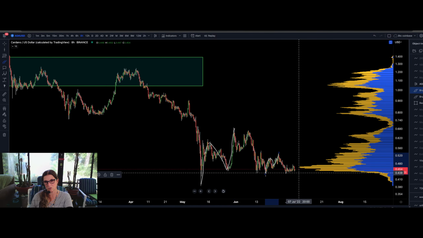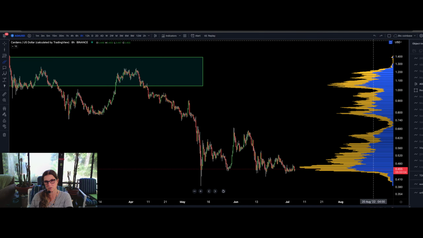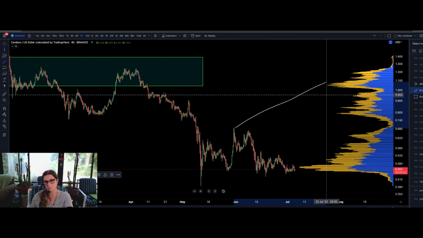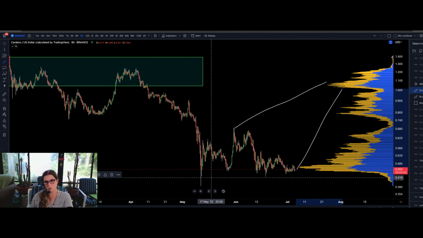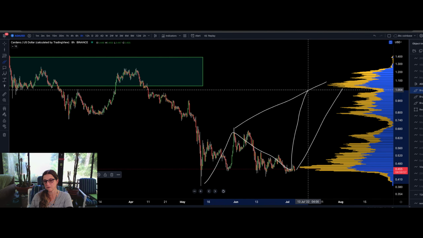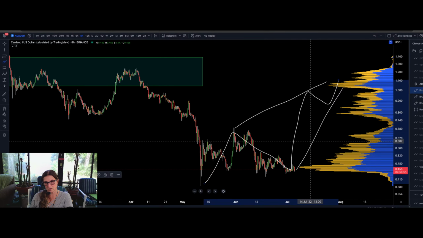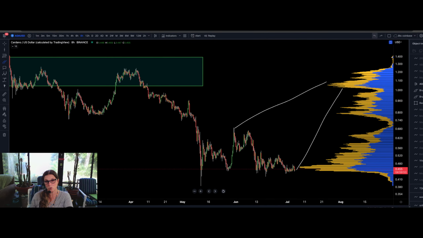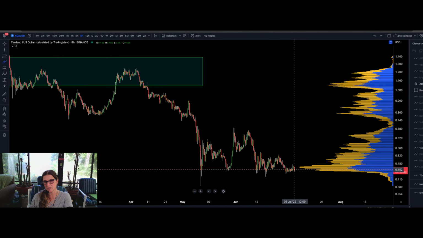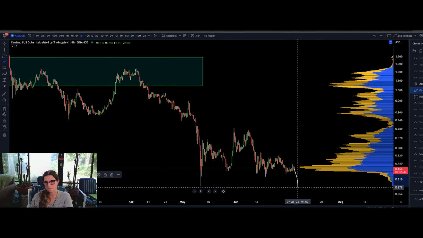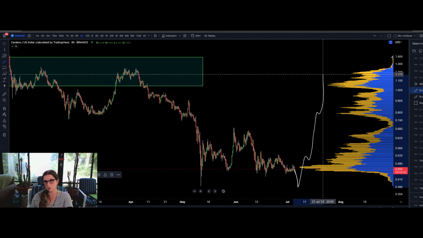So unless this is going to pull a diagonal out of its rear end somehow, and say we've got 1, 2, 3, 4, 5, which is a lot of waves to project, that can't go bullish. Okay? It has to reset itself. It has to come down, reset itself, and then try to go bullish.